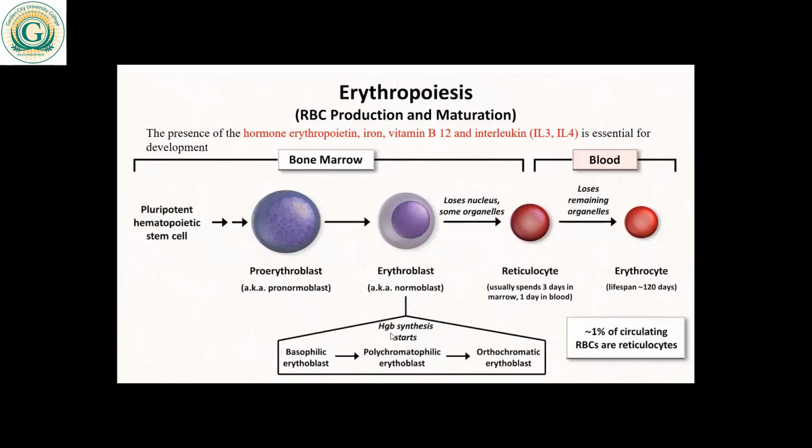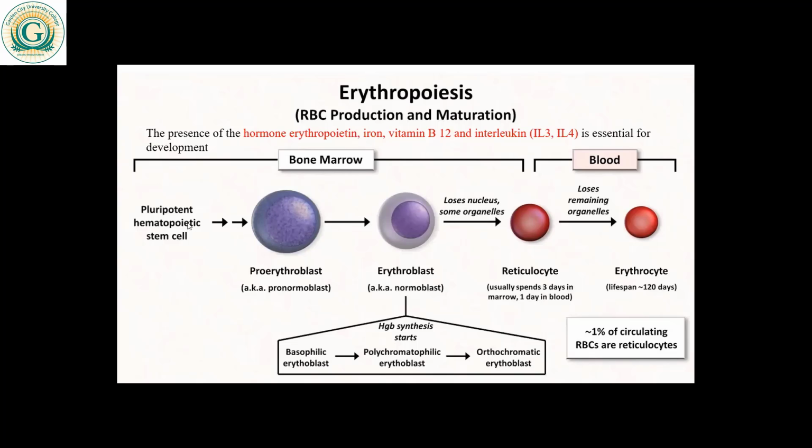So the hemoglobin that we made mention of, that is found in the red blood cell, its synthesis or production starts from the erythroblast. It starts as basophilic erythroblast. It then differentiates into the polychromatophilic erythroblast. Then it finally moves to the orthochromatic erythroblast.